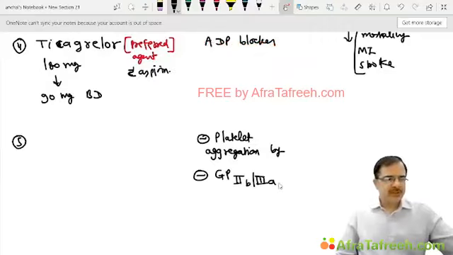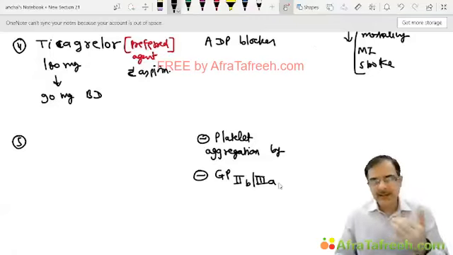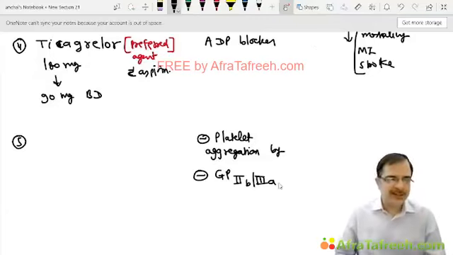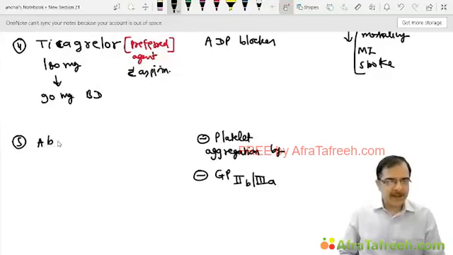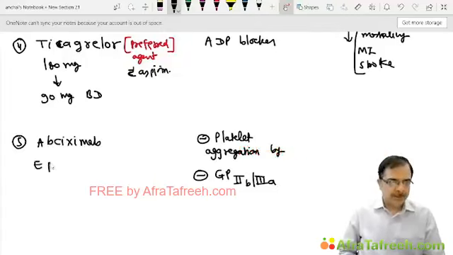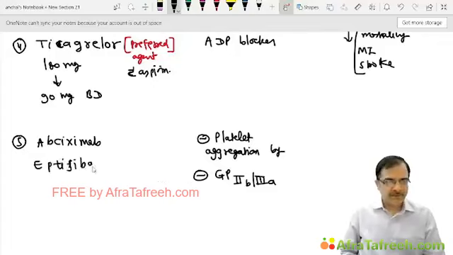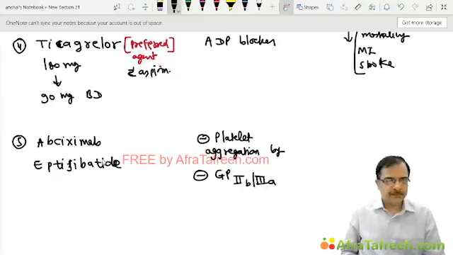These glycoprotein 2B3A agents were used very frequently before the new antiplatelet and antithrombotic agents. These include abciximab, eptifibatide, or tirofiban.